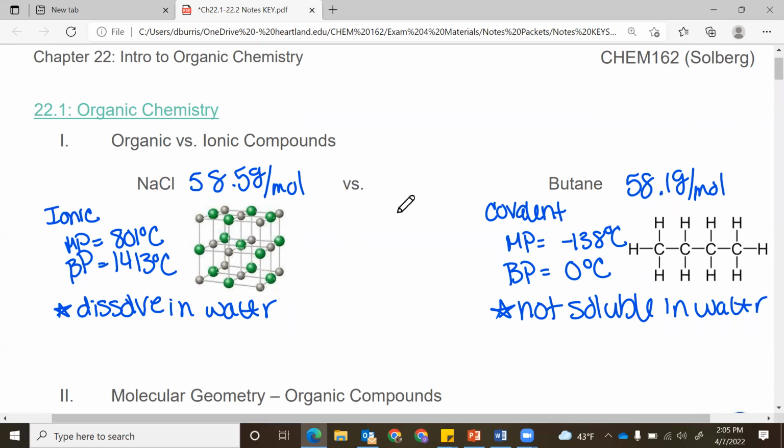This is very non-polar. If you see this, it's very symmetrical. Carbon and hydrogen actually have very similar electronegativities anyway, so it is a very non-polar molecule. And you can't set salt on fire. This doesn't burn. Sodium does, but not sodium chloride. Whereas most organic compounds burn with oxygen or when they're in the air.